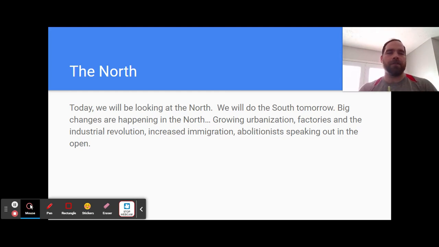Really, more people having jobs that aren't farmer is a big part of what we're talking about here. So factories, the Industrial Revolution, increased immigration. Okay, abolitionists speaking their mind out in the open. They're still regarded as kind of extreme, which takes us to our next slide.